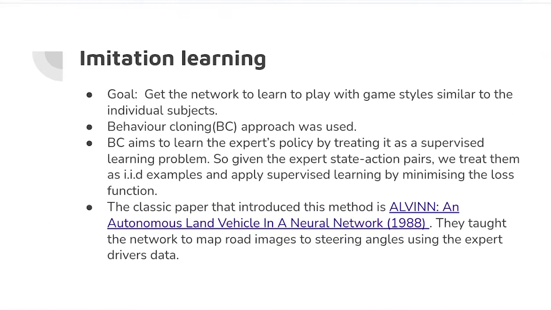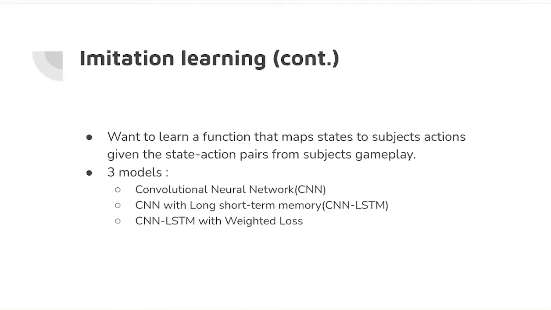For this imitation learning problem, we use behavioral cloning approach where we treat it as a supervised learning problem. Alvin paper published in 1988 is one of the first works to train a self-driving car based on this behavioral cloning, where they train it to drive itself using the expert's data.